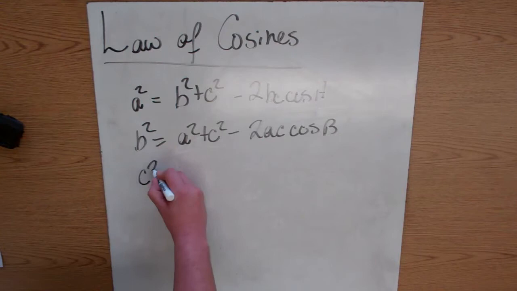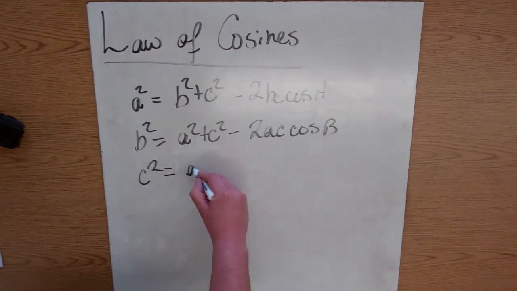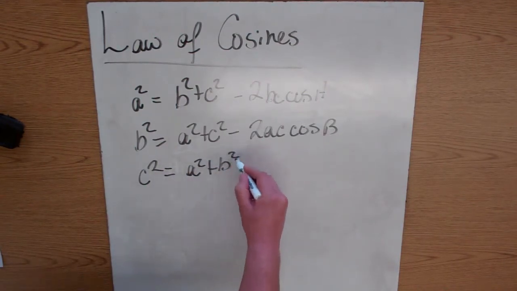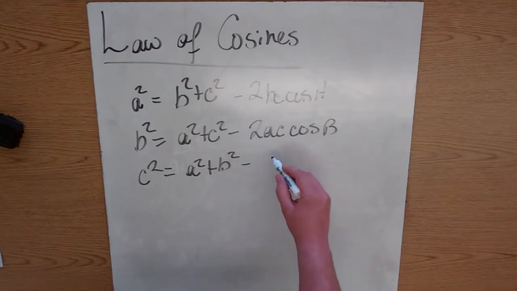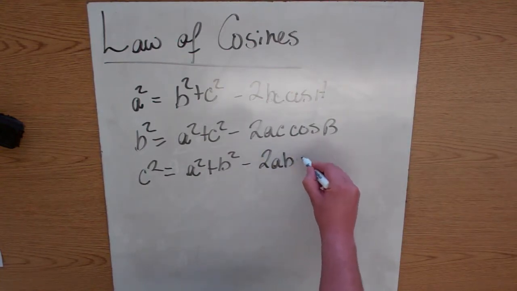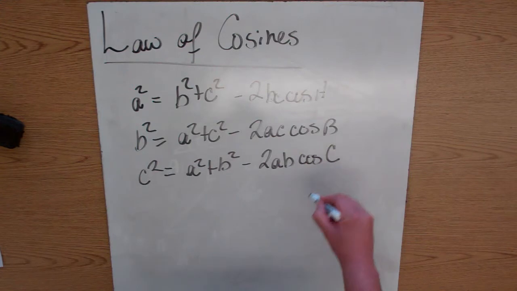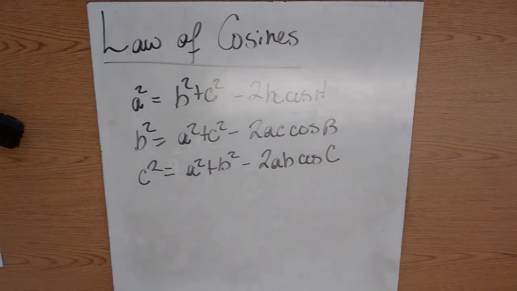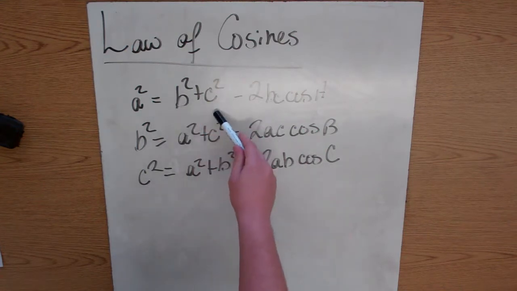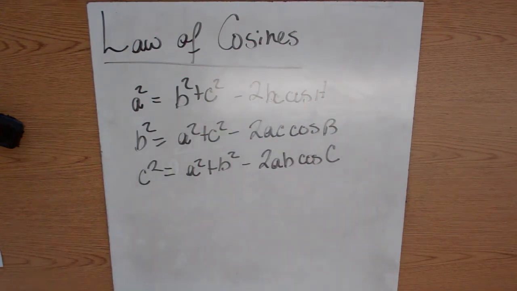And the final one, c squared equals a squared plus b squared minus 2ab times the cosine of angle C. For this one you use all three sides and only one angle. All three sides and only one angle.